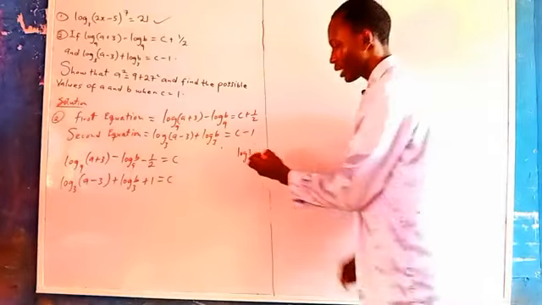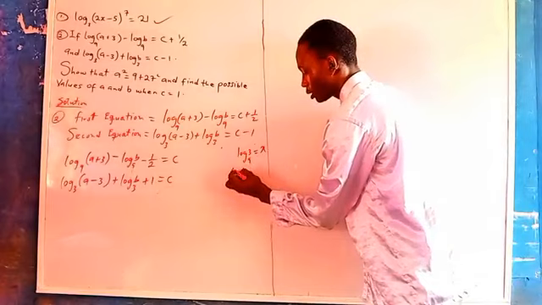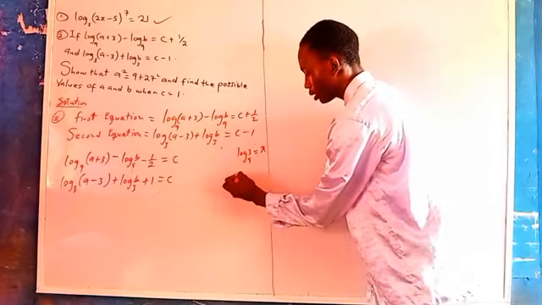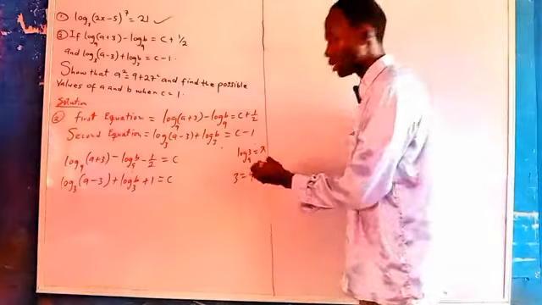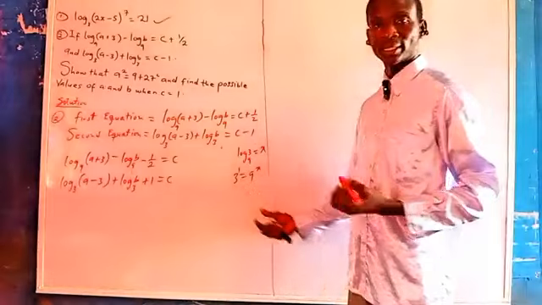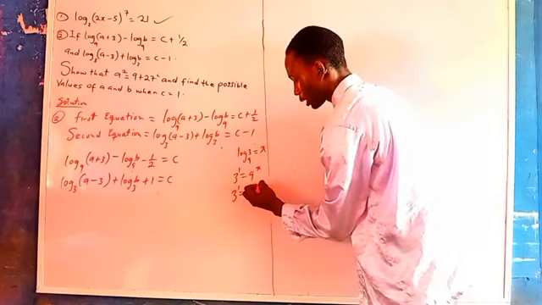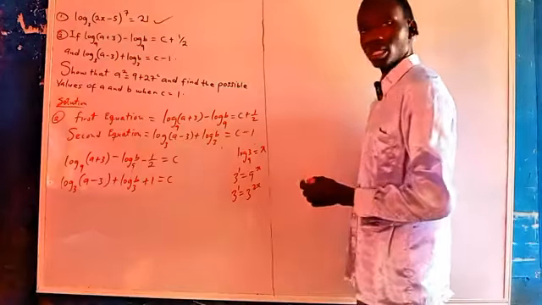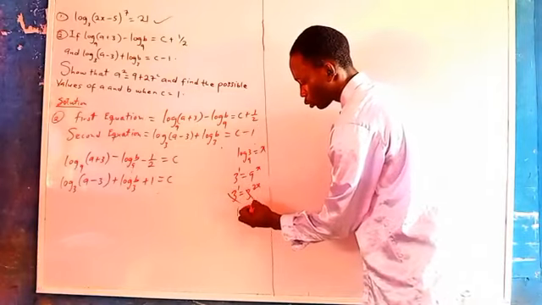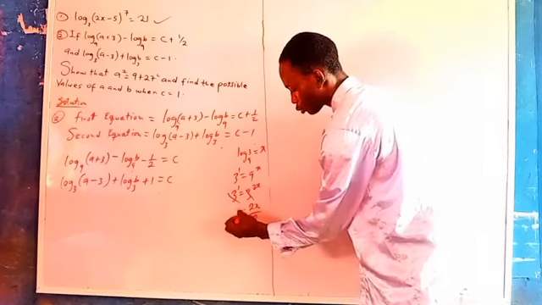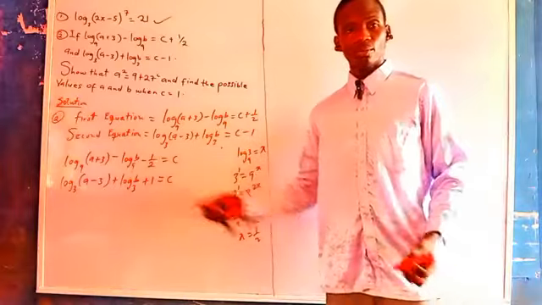Because log of 3 base 9 set equal to x gives me 3 equals 9 to the power of x. And then I want them to have the same base. Don't forget, 3 to the power of 1 is the same thing as 3. So I'm having 3 to the power of 1 equals 3 to the power of 2x, so that they can have the same base. And now this equal base will cancel out. I will have 1 equals 2x, and if I divide both sides by 2, x equals 1 over 2. You can see.